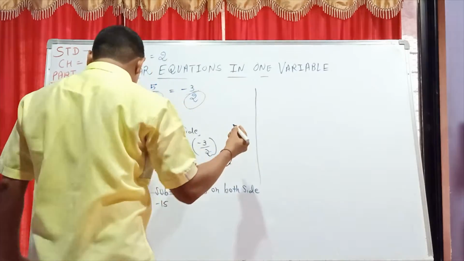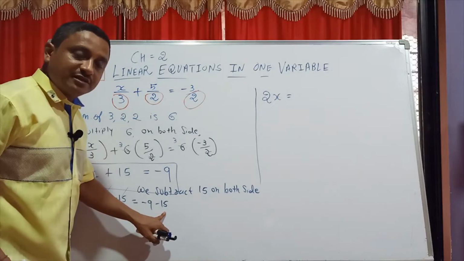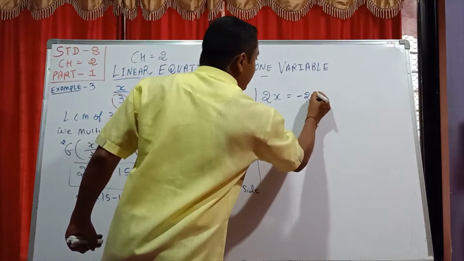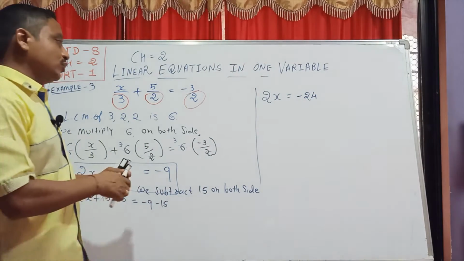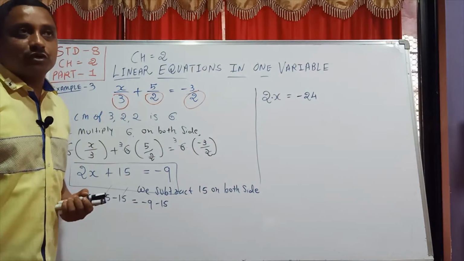So I only get 2x is equal to how much? 9 and 15, how many, students? Yes, 15 and 9, total 24. Correct? Now, what to do for removing this 2?